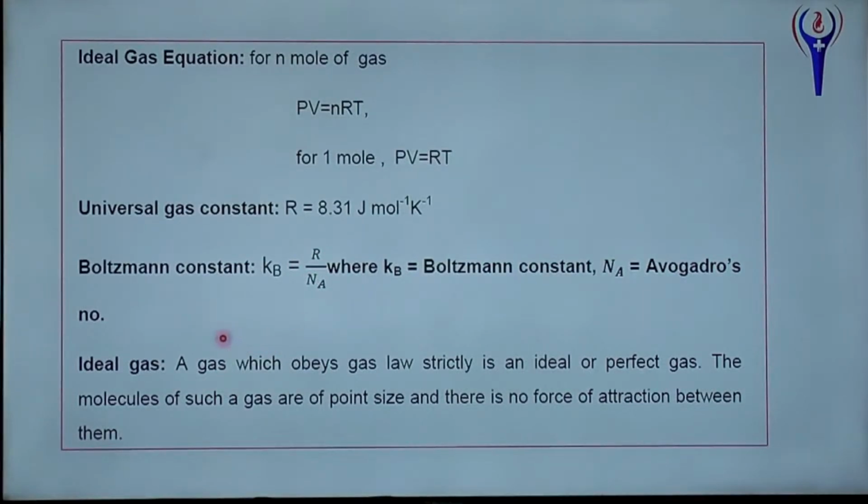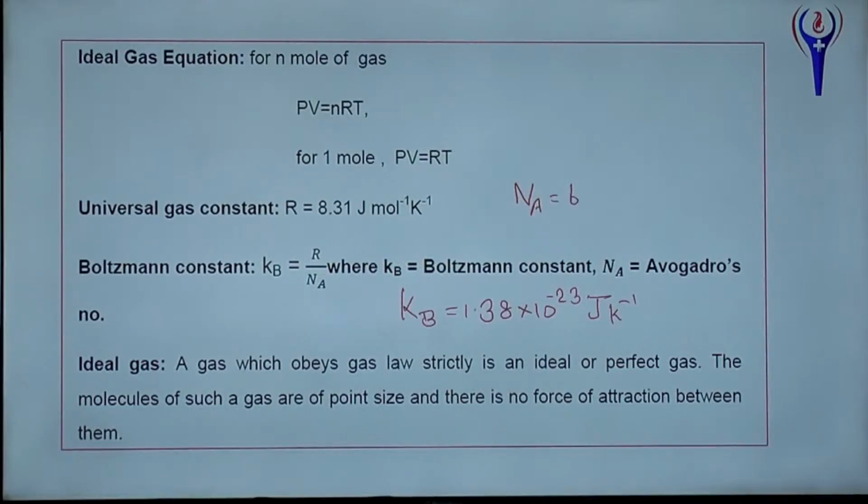What is the value of Boltzmann constant? Kb equal to 1.38 into 10 power minus 23 joule per Kelvin.